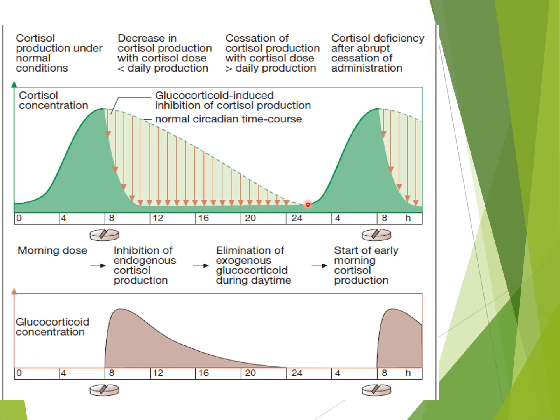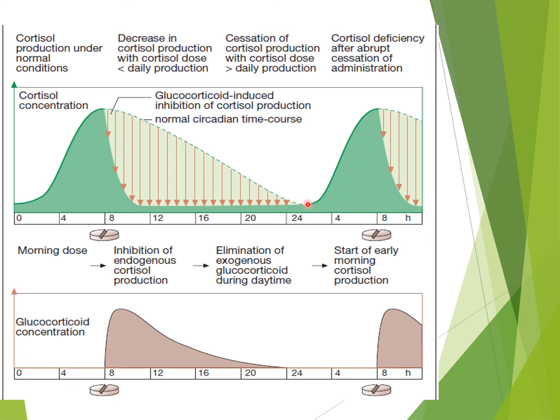And of course, I want to pay your attention that we cannot stop using glucocorticoids immediately because we are afraid of withdrawal syndrome. How to prevent this withdrawal syndrome? We have to decrease the dose of glucocorticoids gradually.